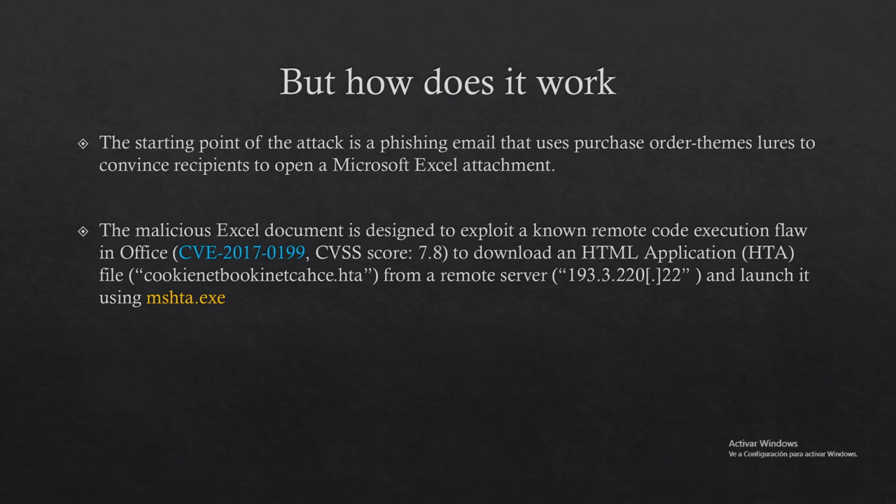This malicious Excel document is designed to exploit a known remote code execution flaw in Office called CVE-2017-0199, which has a CVSS score of 7.8. So it downloads an HTML application, HTA file, from a remote server, and then it launches it using mshta.exe.